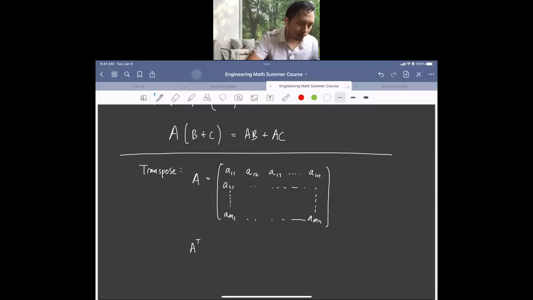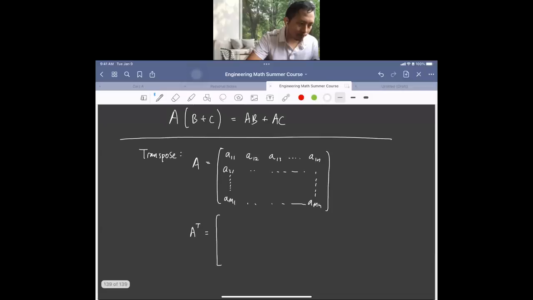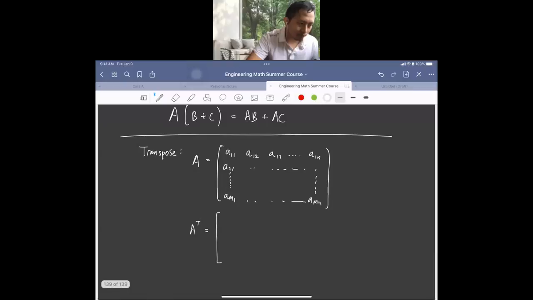The A transpose is written with a T in superscript. We can write it as A transpose.